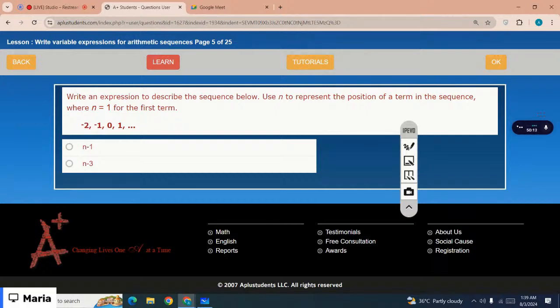The correct option is option number 2, that is n minus 3.